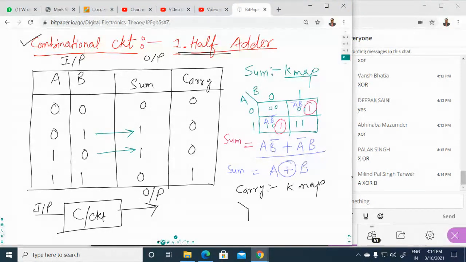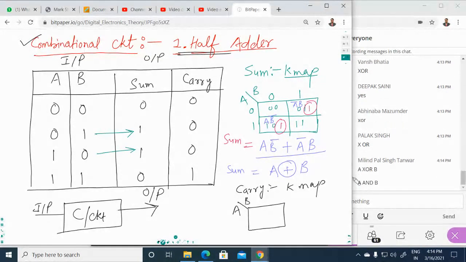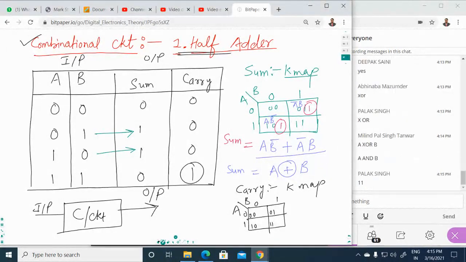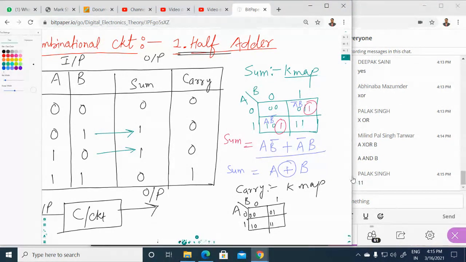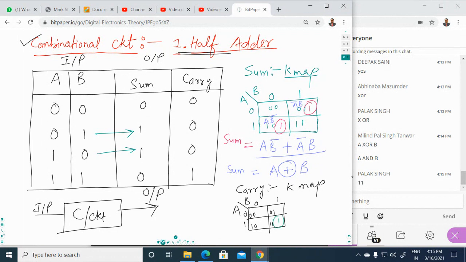You have two variables, one variable is A, second variable is B. You put the values 0 and 1, same 0 and 1, and right here 00, 01, 10 and 11. So where is 1? 1 is present at the 1 1 position. So we will put the 1 in the same position where it is available.